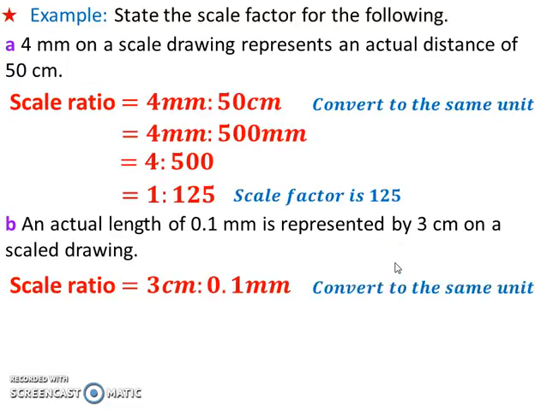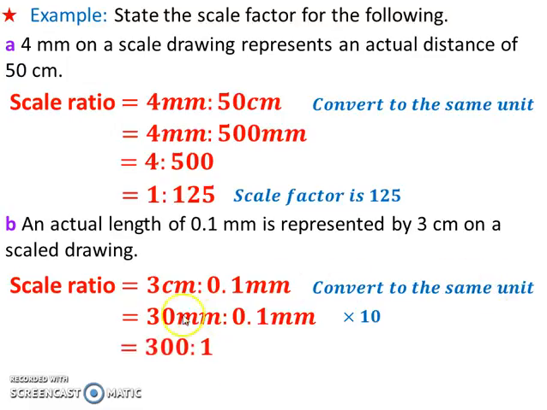First of all, putting them in the same units, it was easier to convert this into 30 millimetres. Now they're in the same unit, I don't need to put the units in, but I'm going to times both sides by 10 so I don't have a decimal. As long as you do the same to both sides, they're equivalent. So 30 times 10 you get 300, and 0.1 times 10 you get 1.